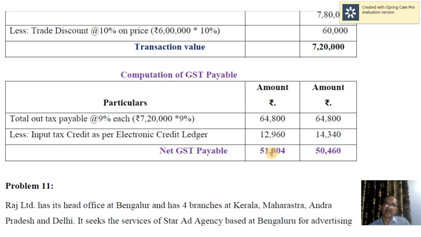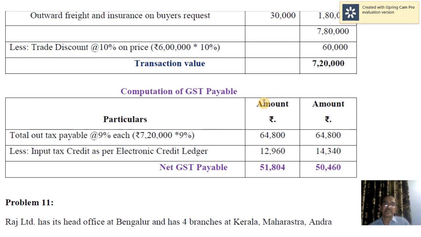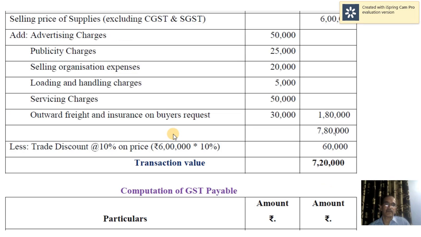As a result, net GST payable: CGST is 51,804 and SGST 50,460. I have not written CGST here. So this is about this particular problem.